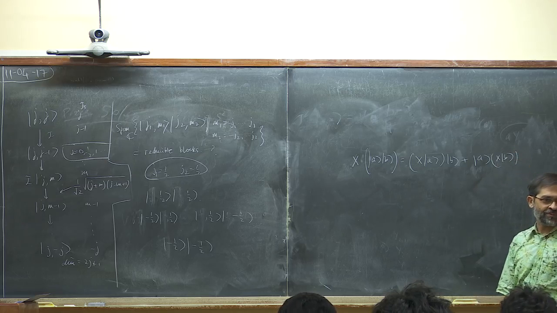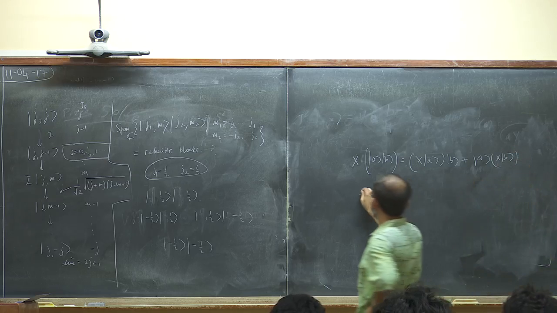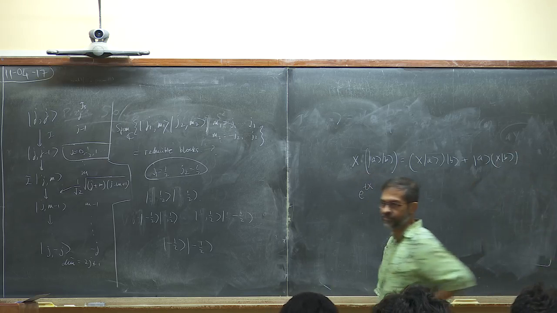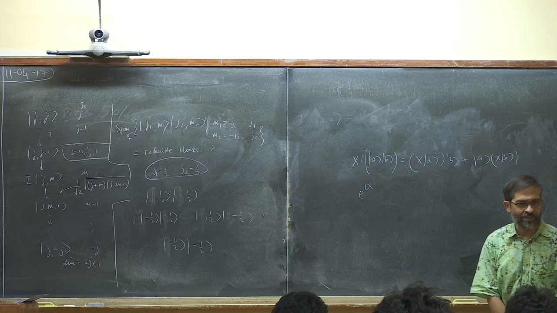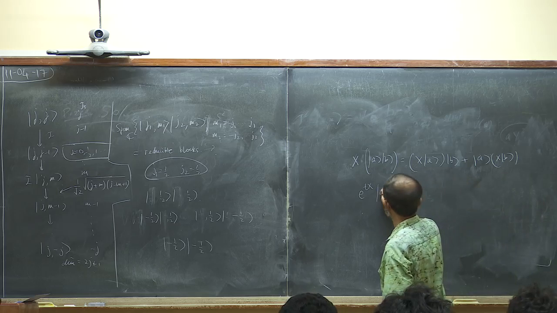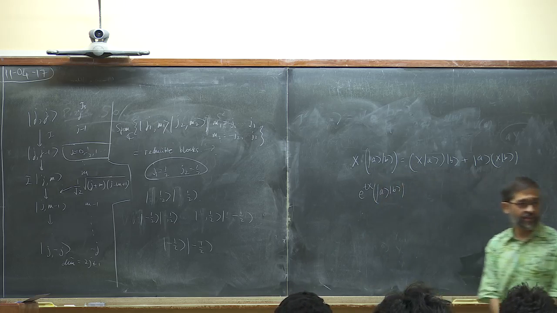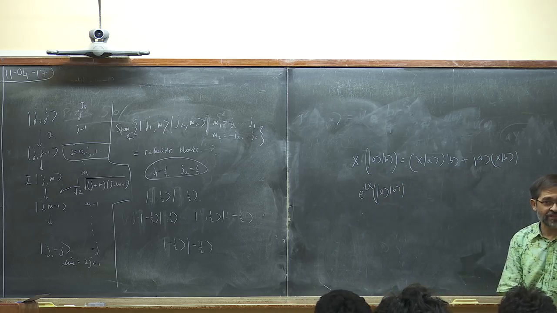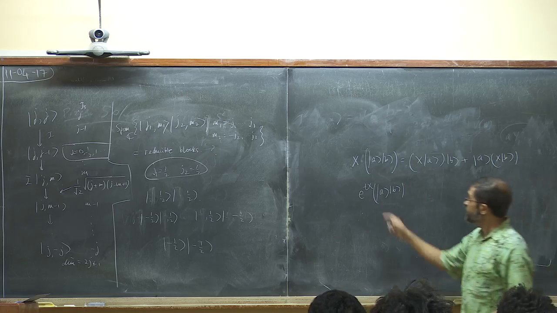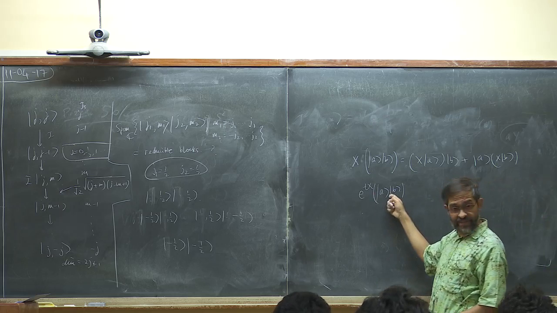How does it follow? Remember that e to the power tx is supposed to be a group element. Acting on a tensor product state, we have explained before that it acts on this and acts on that.